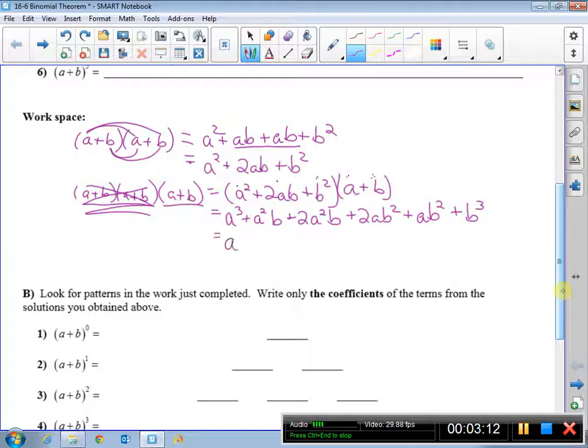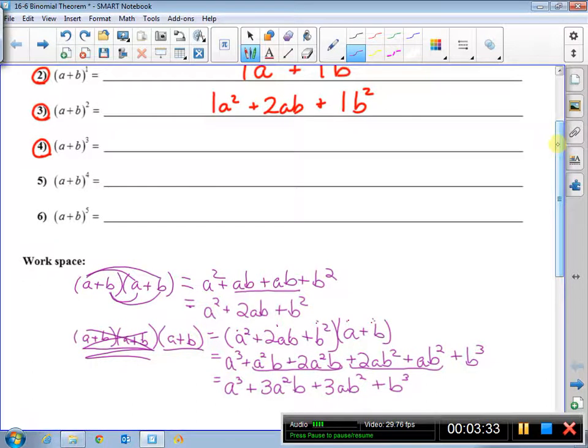Combining like terms, I get a cubed plus, these two go together, 3a squared b. These two combine, 3ab squared, and plus b cubed. So that's my answer for a plus b all cubed. So coefficient-wise, I have 1a cubed plus 3a squared b plus 3ab squared plus 1b cubed.